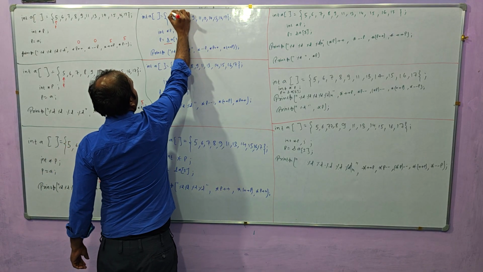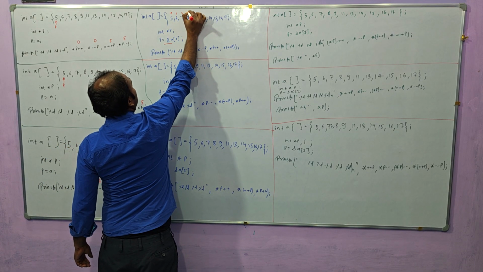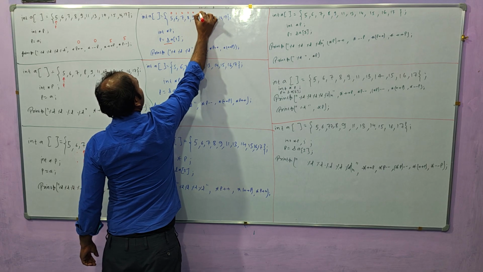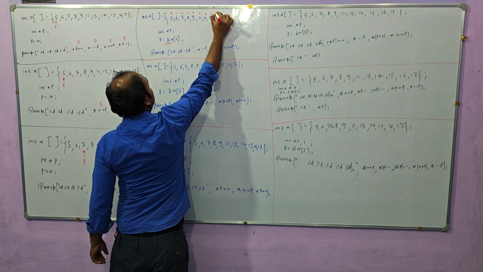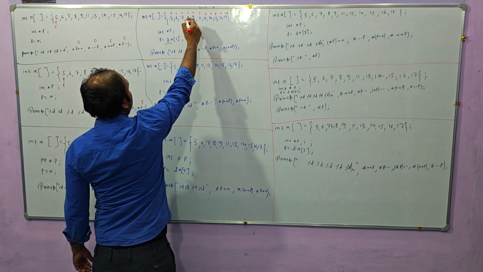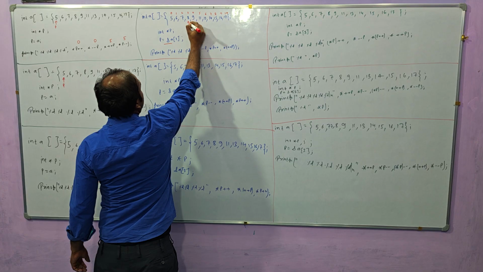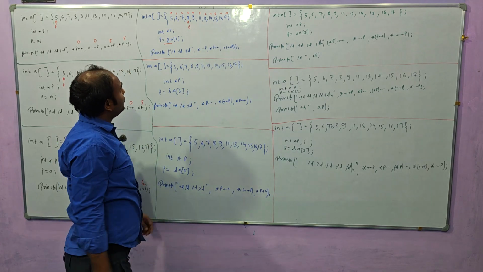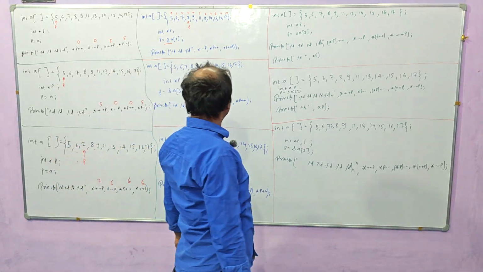So if we consider 0, 1, 2, 3, 4, 5, 6, 7, 8, 9, 10, the third location is 8. So p is pointing to this.